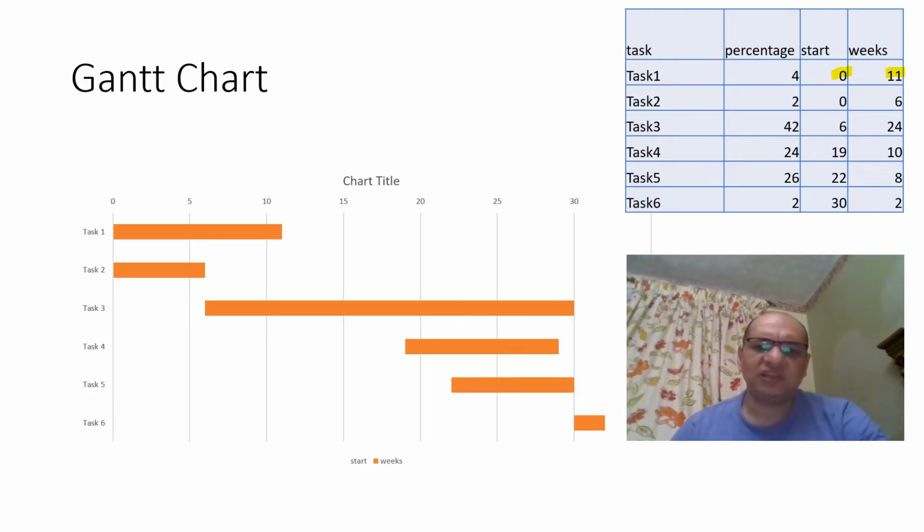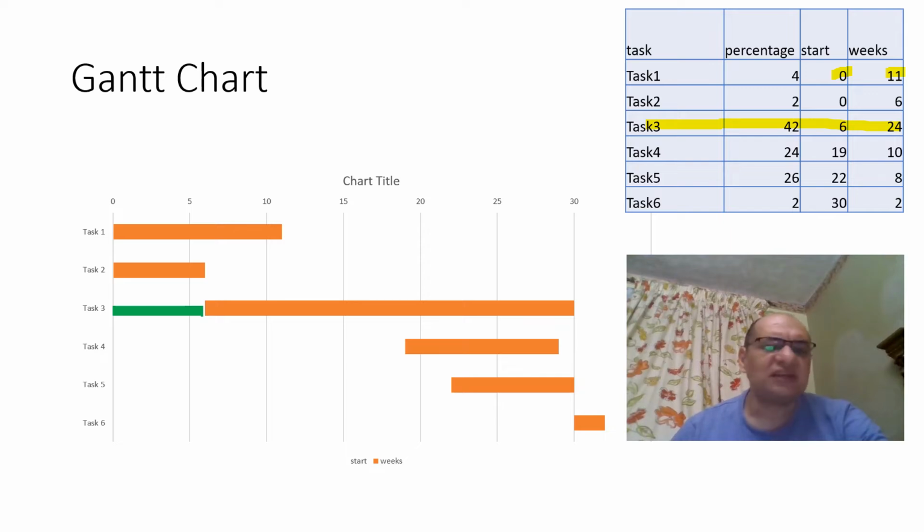A Gantt chart can be produced very easily in Excel. You can have a stacked bar chart, like 2 bar series. For example, task 3 starts from 0 to 6, and then from 6 to 24 plus 6, to 30.